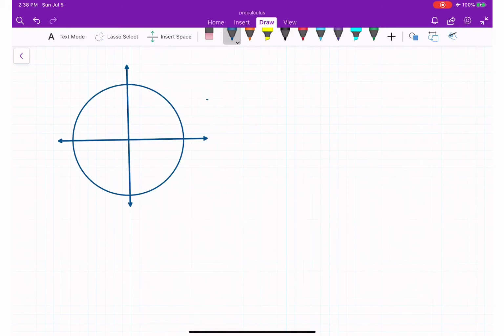We know from the previous video, where I showed that cosine theta represents our x, and sine theta represents y. So this is cosine x, this is sine x.